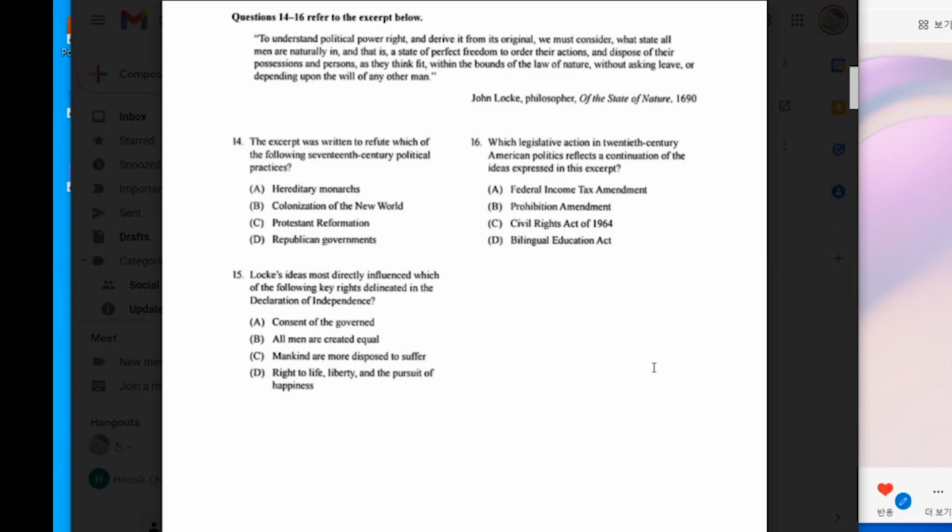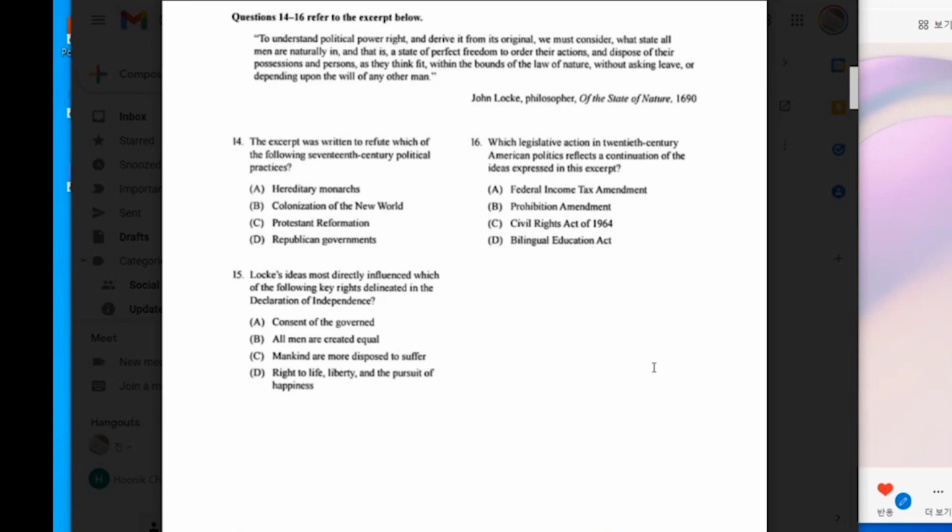A. A, perfect. So he didn't believe in blood lineage or anything that rests upon such ideas, like divine rights, but rather that the government's authority rests in people's consent, right? So yeah, that will be the answer. Okay, A. What about 15?